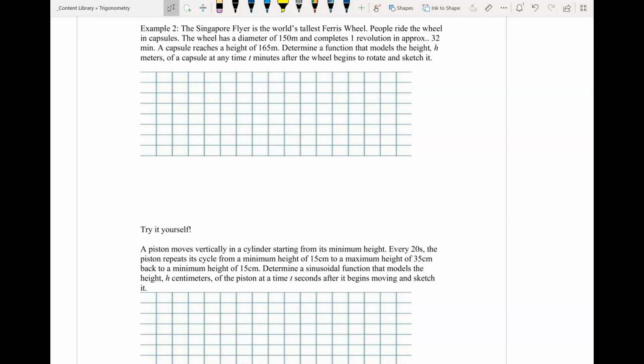So in this case, we're given the scenario and we have to graph it. We're going to analyze every little bit to help us determine how we're going to graph. So I'm going to go ahead and draw the x and y axes. For our x-axis, we're looking at time in minutes. And our full period is 32 minutes, so I can just maybe write that at the very end, 32.